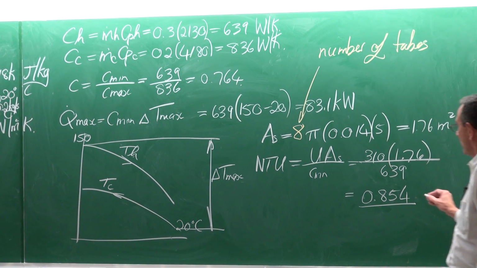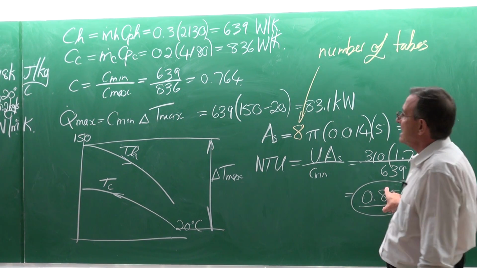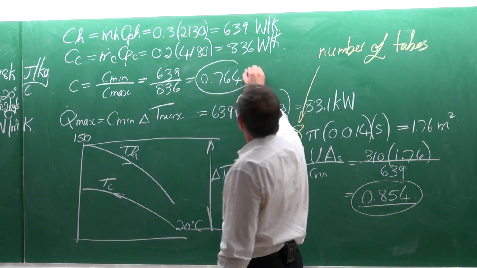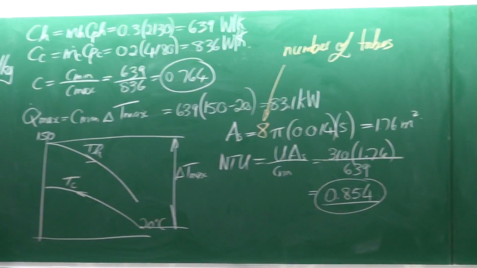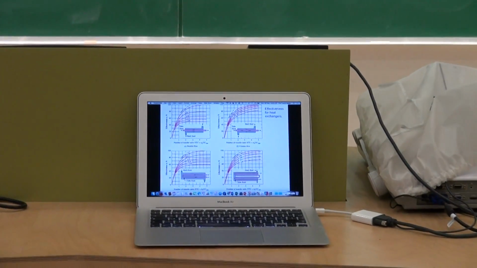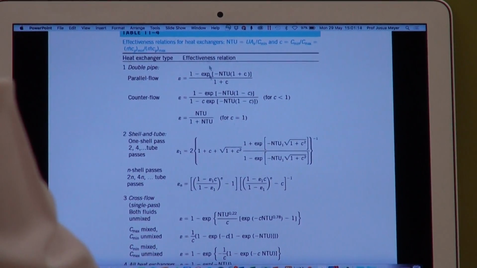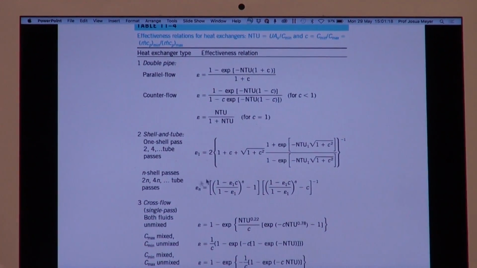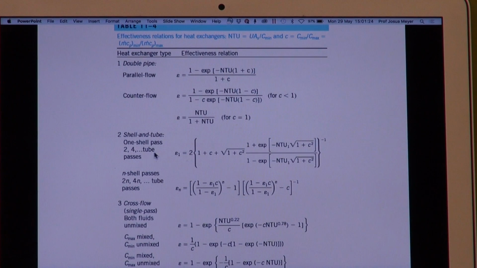Right, so what do we have for this heat exchanger? We've got the NTUs and we've got C. Okay, so let's go and look in our graphs and in the tables. The first table is this one here, table 11.4. It says shell and tube heat exchanger, a 1 shell pass and 2, 4, 6 and 8 tube passes.